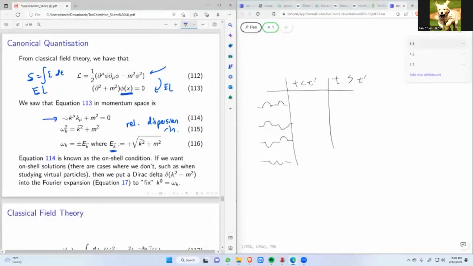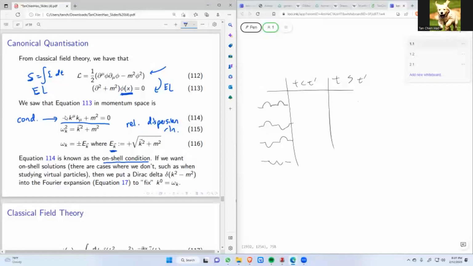In other words, real particles that are solutions to the field equations, the Euler-Lagrange equations, are in some sense real particles that exist. Field configurations that satisfy this relation are particles that can live for very long.